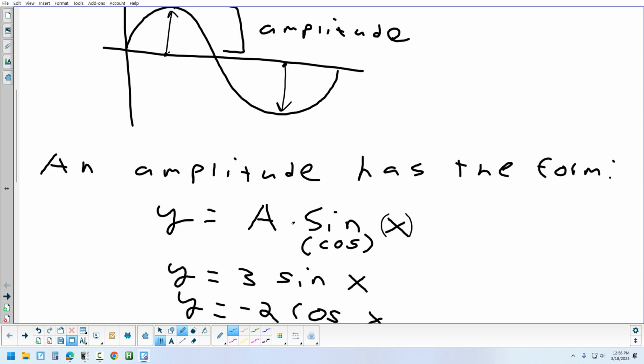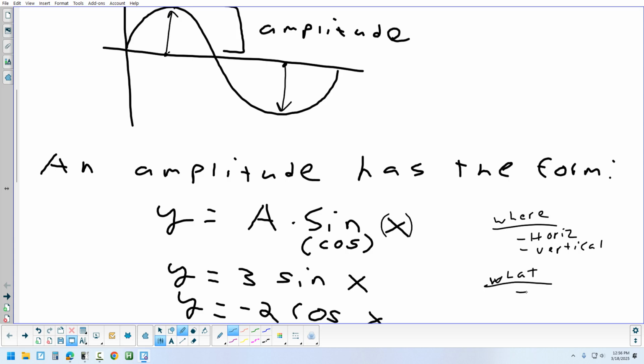So if it's outside the parentheses, it's stretch? If it's outside the parentheses, it's always something vertical. Could be a stretch or a shift. Depends if you're doing multiplication or division. Okay, so let me just write that down. So where you're doing the operation, inside or outside the parentheses, this tells you if it's either a horizontal or a vertical. What you're doing, okay, are you doing addition or subtraction, or are you doing multiplication?